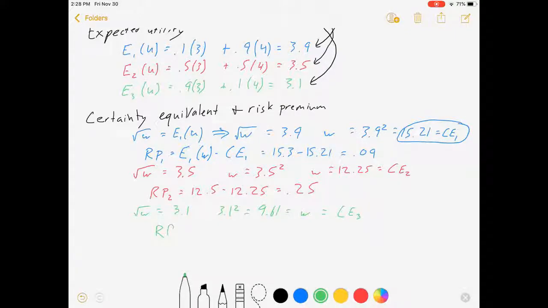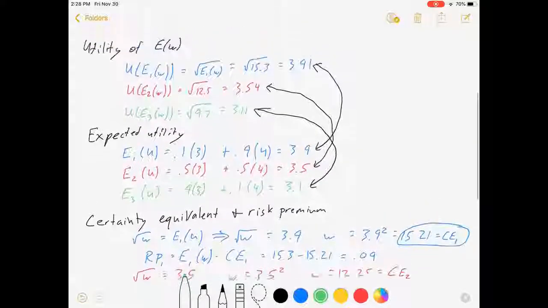So for his risk premium, I compare the expected wealth of 9.7, subtract the 9.61, and I get 0.09. So under the third distribution, I'm willing to give up 9 cents to avoid the gamble.